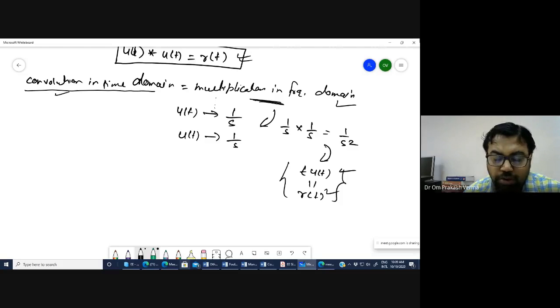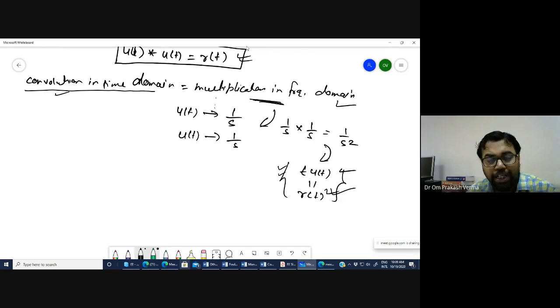So you can also compute this when your function is not easy to calculate, then you can go like this also, right? But some of the functions you have to remember. Some of the convolutions you have to remember, like u(t) convolution u(t), what will it be, like this, right?